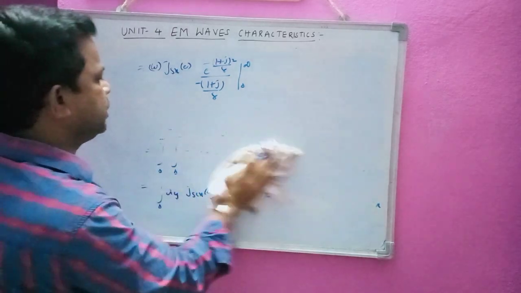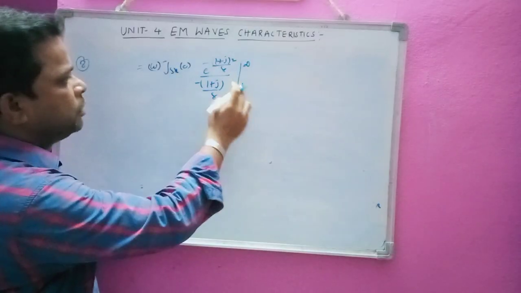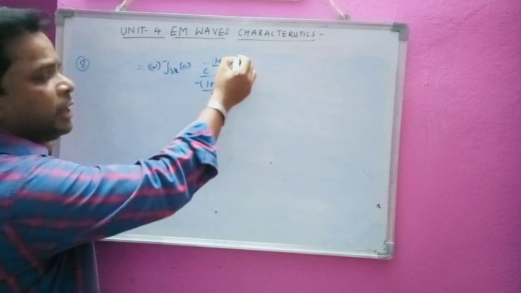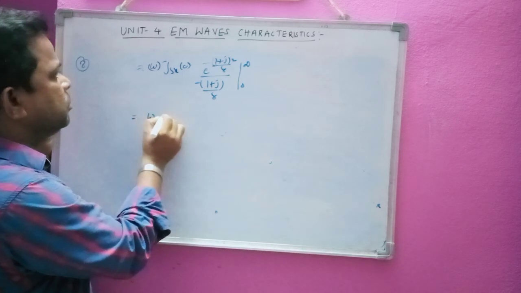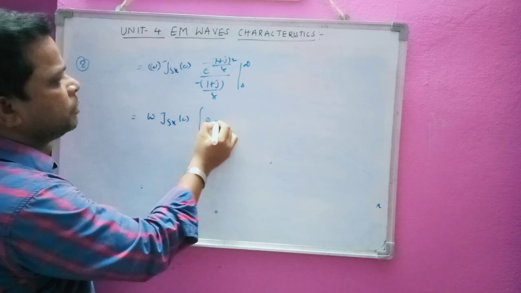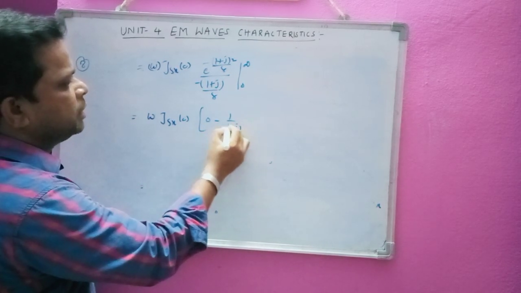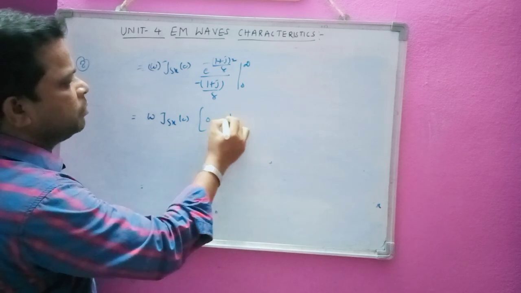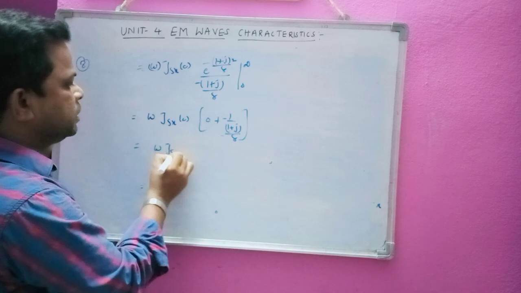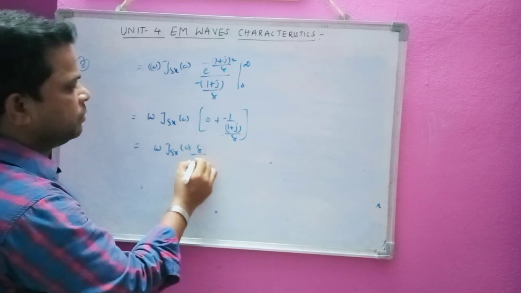Because e to the power infinity term is 0 and e to the power 0 is 1. Substituting the limits, we get w J_sx of 0 times 0 minus 1 by -(1+j)/δ, so minus of minus becomes plus.